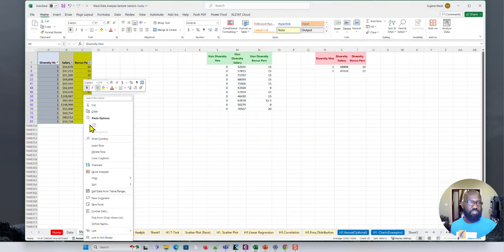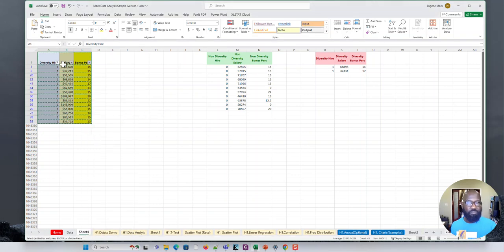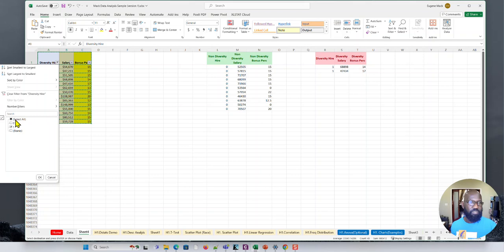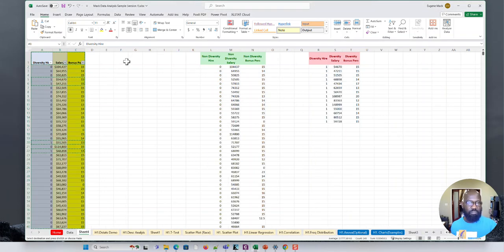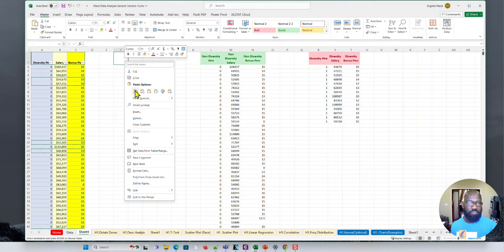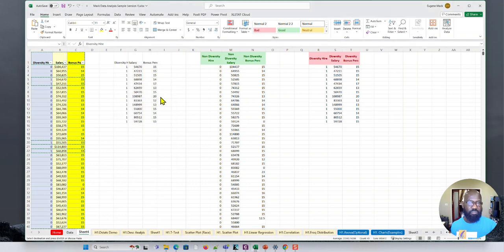There is a smaller population here, and you can basically undo this, paste your values. So in this particular case, as you can see, I pasted over here, but I renamed the columns to diversity hire, diversity salary, and diversity bonus percentage.